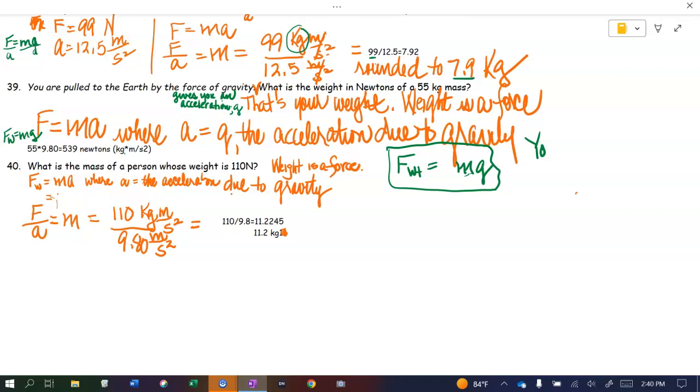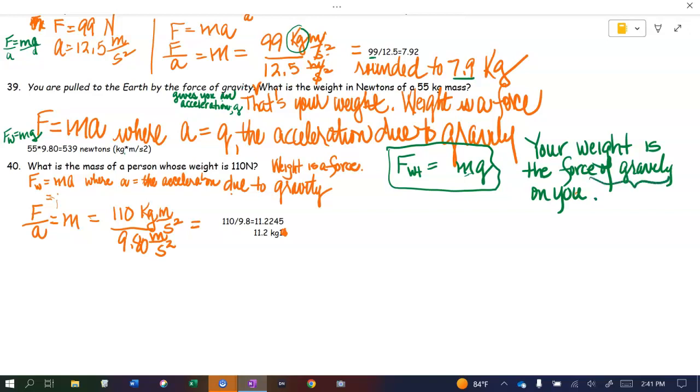So your weight is the force of gravity on you. And you know how we always wrote this as force, and then we gave it a little g for gravitational force. All right.